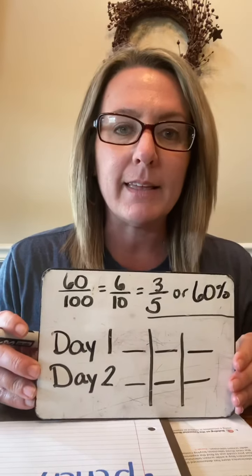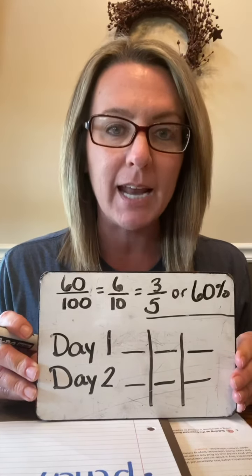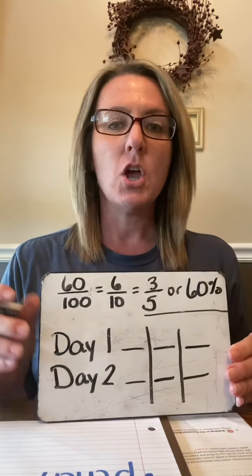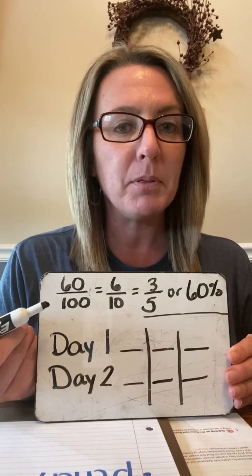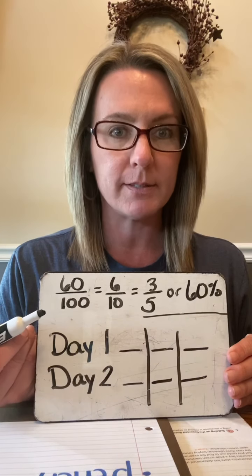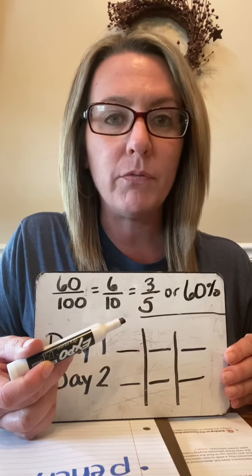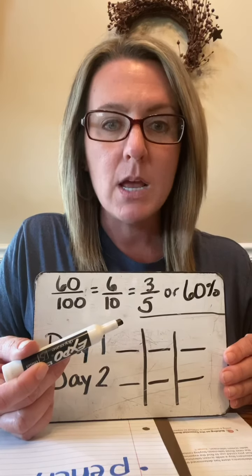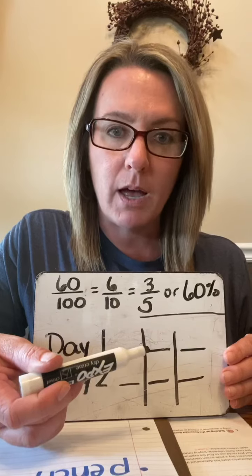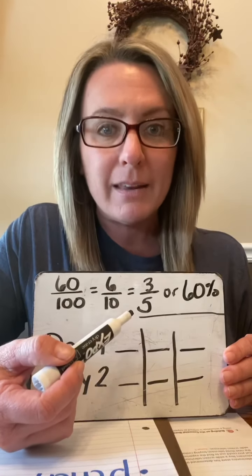We're going to say that there is a 60% chance that it's going to rain for the next 2 days, okay? Well, if I simplify 60% into a fraction, 60/100ths, we know that reduces to 6/10ths or to 3/5 in simplest form, okay? So a 60% chance can also be thought of as a 3 in 5 chance.